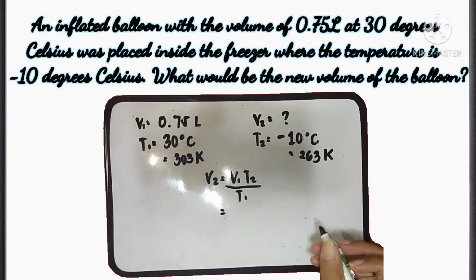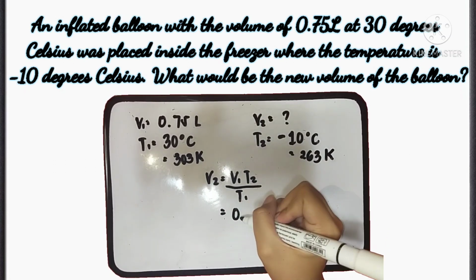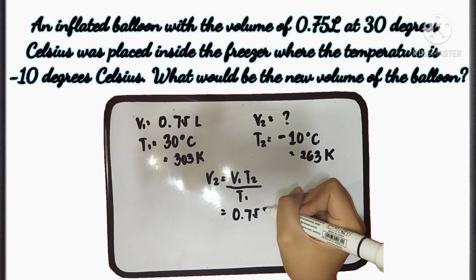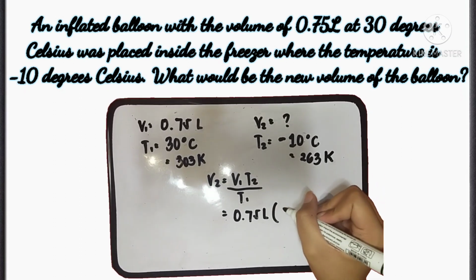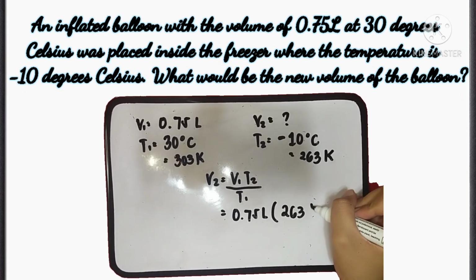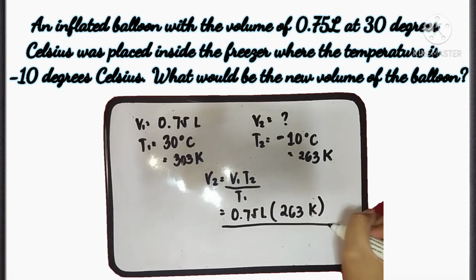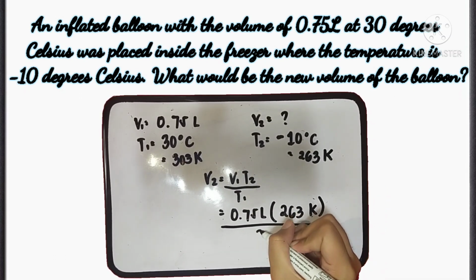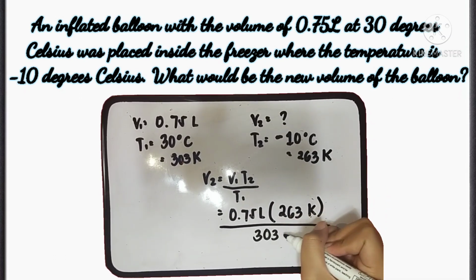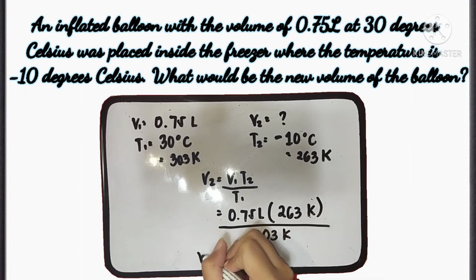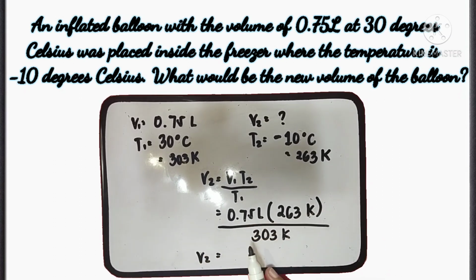This time, we'll substitute all the given. So we have 0.75 liters as the initial volume, 263 Kelvin as the final temperature, divided by the initial temperature, which is 303 Kelvin. Now, we'll simply multiply 0.75 by 263 divided by 303.